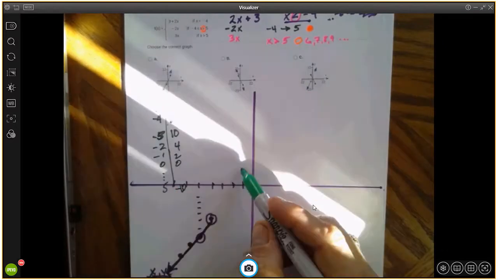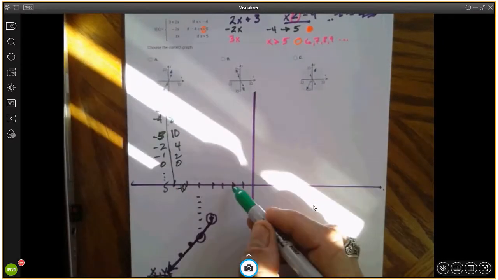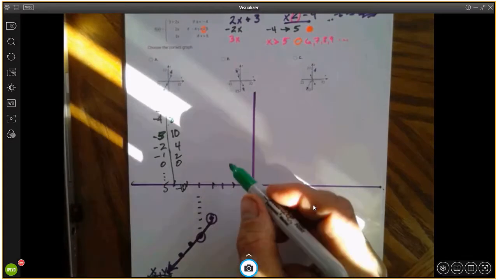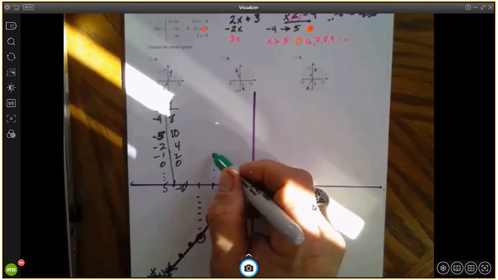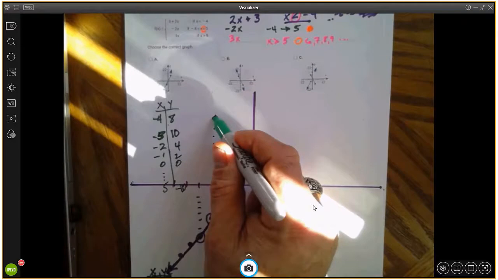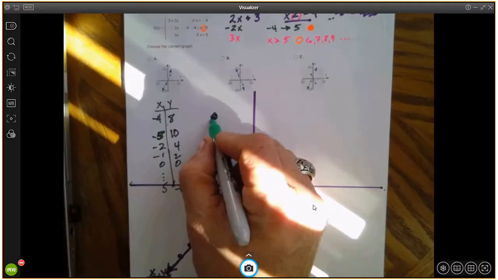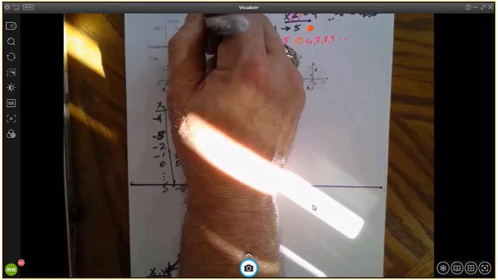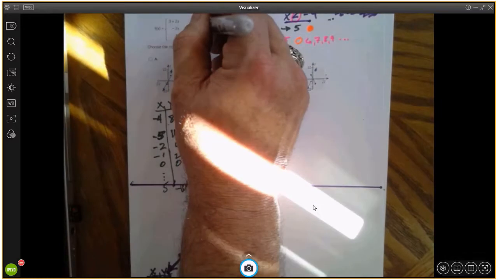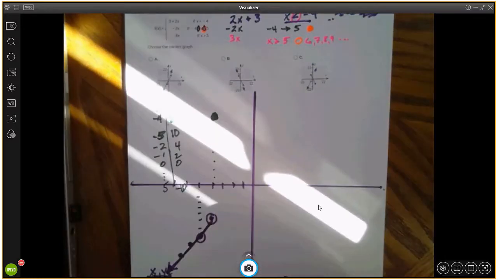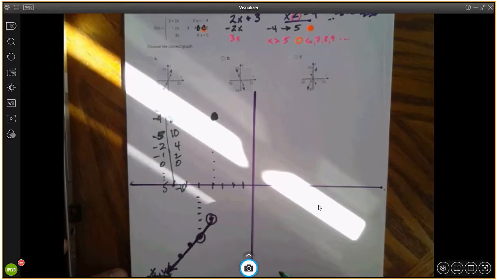So -4, 1, 2, 3, 4. We've got a positive 8. 1, 2, 3, 4, 5, 6, 7, 8. Now remember, this is a closed circle because of this guy right here and right there. Okay? So -5.